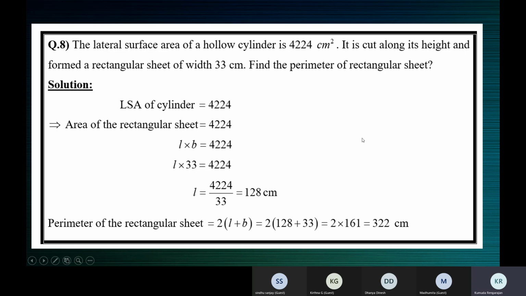Yes, children, so please visualize this. You take a piece of paper, bring the opposite edges together, and you have a hollow cylinder in your hand. What you call the curved surface area of the cylinder becomes the area of the rectangle when you spread it open.